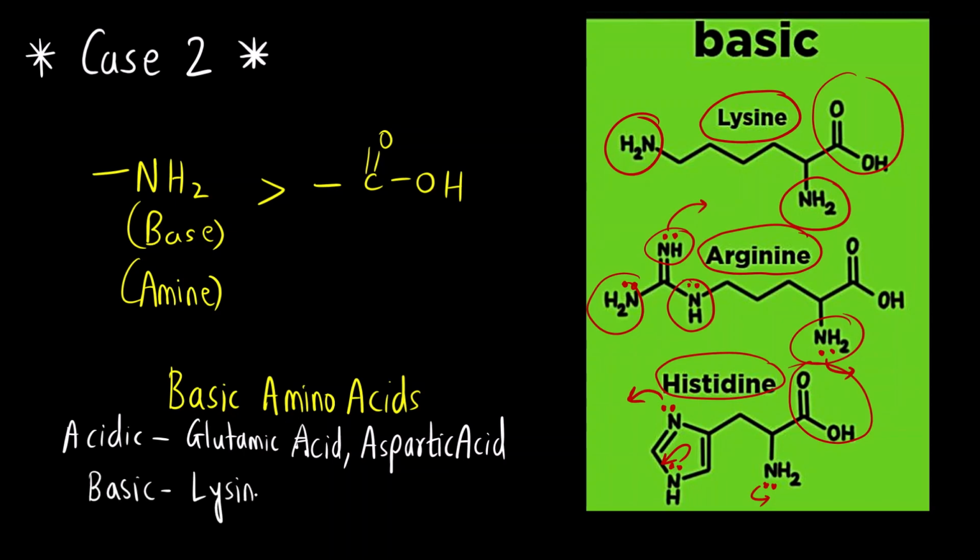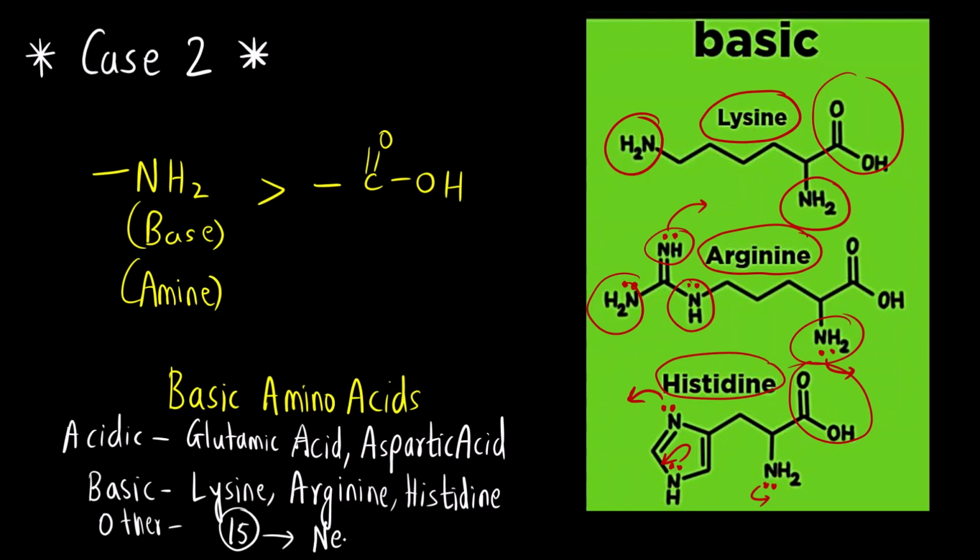Lysine, arginine and histidine. And what about the other amino acids? All other remaining amino acids, 3 plus 2, 5 are there, so the remaining 15 amino acids, they are neutral.